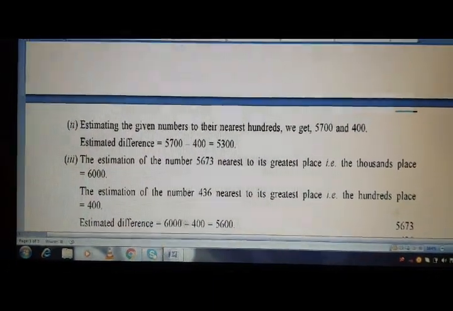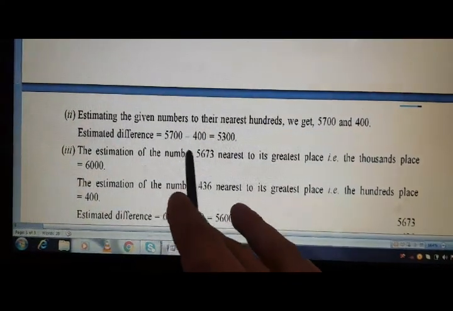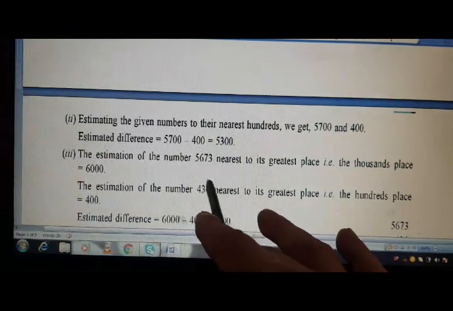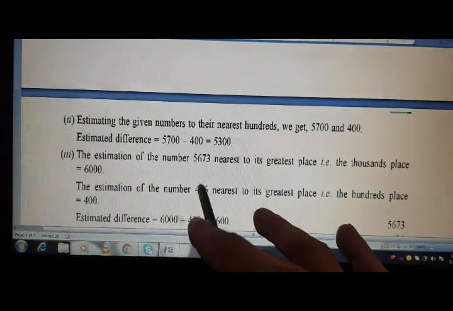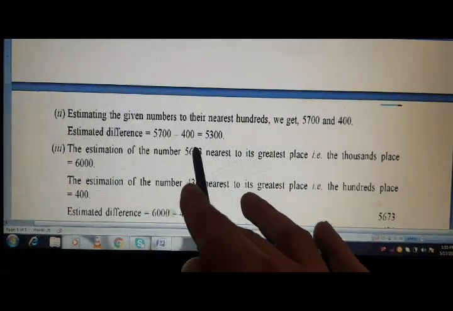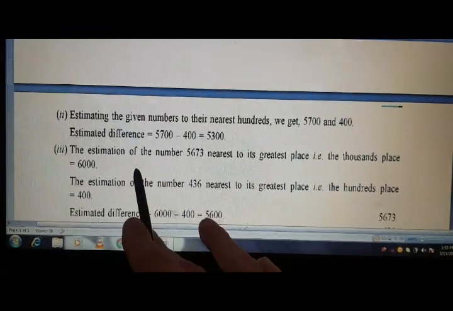To its greatest place, that means the greatest place of this is 1000 and the greatest place of this number is 100. So we'll check nearest 1000, that is 6 is greater than 5, so this will be rounded off to 6,000.